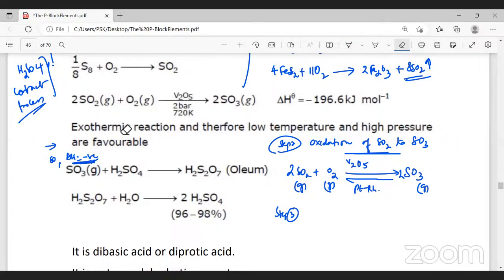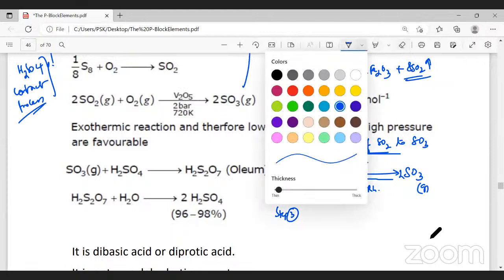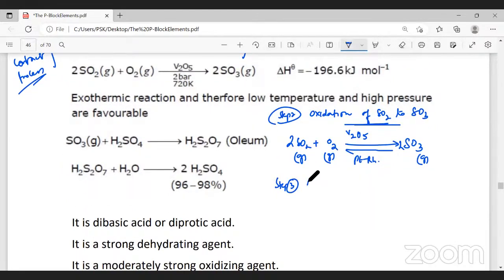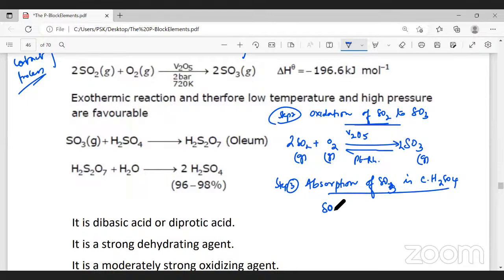So then what is the third step in the preparation of sulfuric acid by contact process? The third step is absorption of sulfur trioxide in concentrated sulfuric acid. So the sulfur trioxide which is formed in the second step is passed into concentrated sulfuric acid.